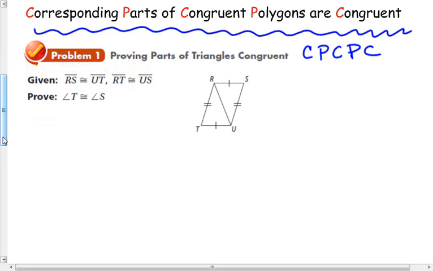In this problem, we want to prove that angle T is congruent to angle S. And the way we're going to do it is, this is our plan.